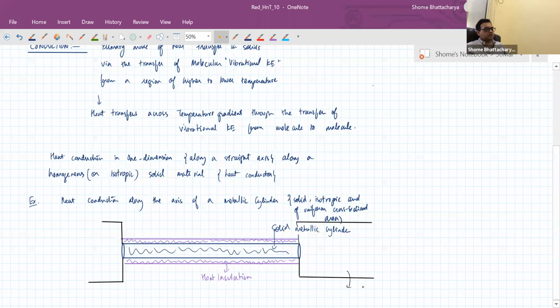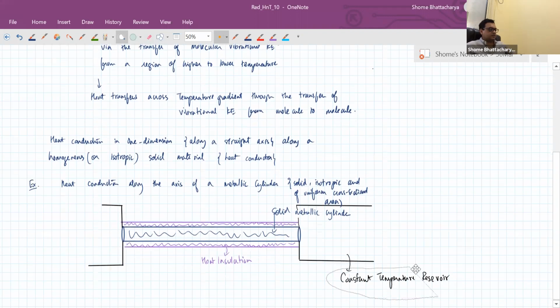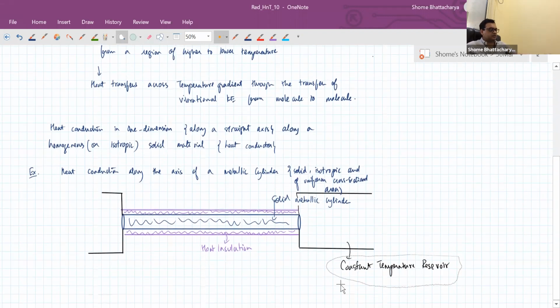So these are constant temperature reservoirs, so that the two ends of the rod are maintained at uniform temperatures.